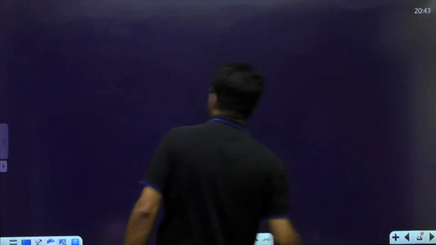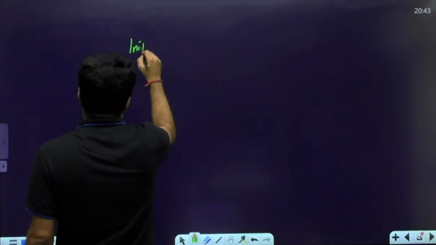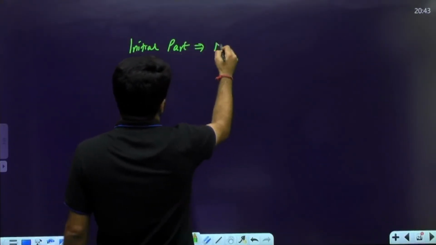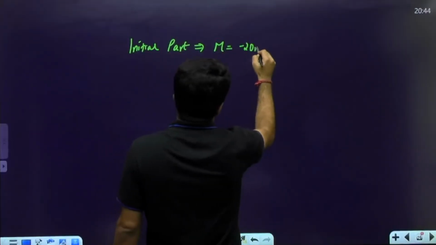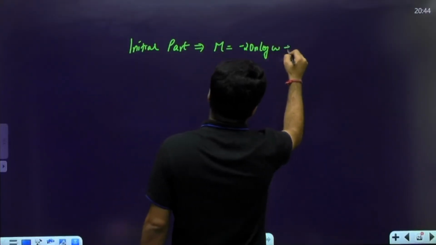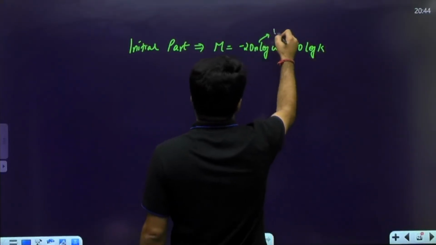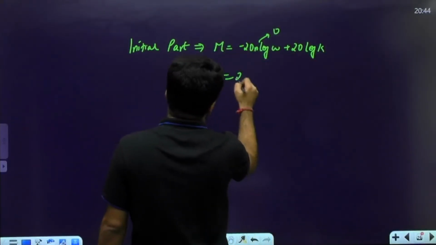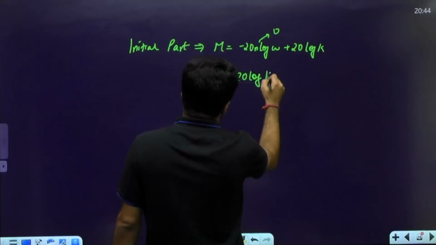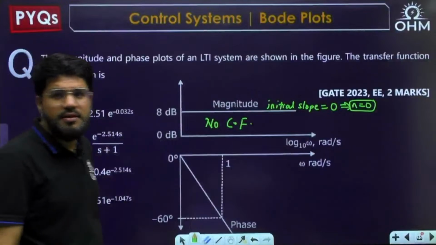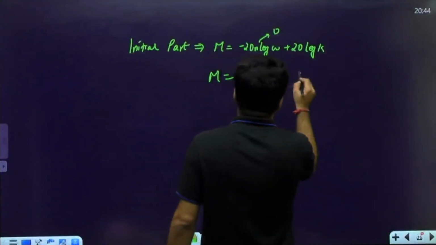So what is the initial part formula? As I have told you, magnitude is minus 20 n log omega plus 20 log k. But n is 0. So the initial part is 20 log k. And you see that the initial magnitude here is 8 decibels.